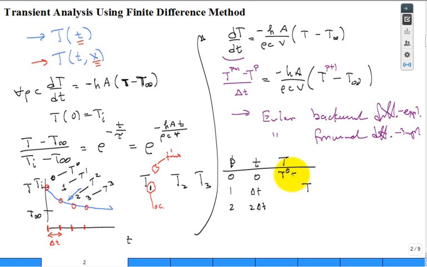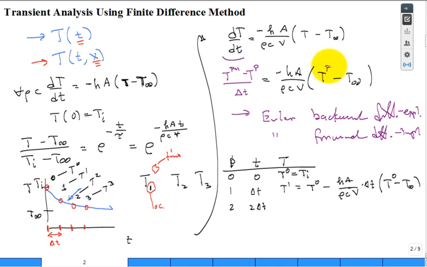You start typically with your initial condition for temperature, and then you modify. T at 0 is equal to T initial, and then T at the 1 time step would be T at 0 minus hA divided by rho cV times delta t times T at 0 minus T infinity. Again, we're not going to do this as p plus 1.